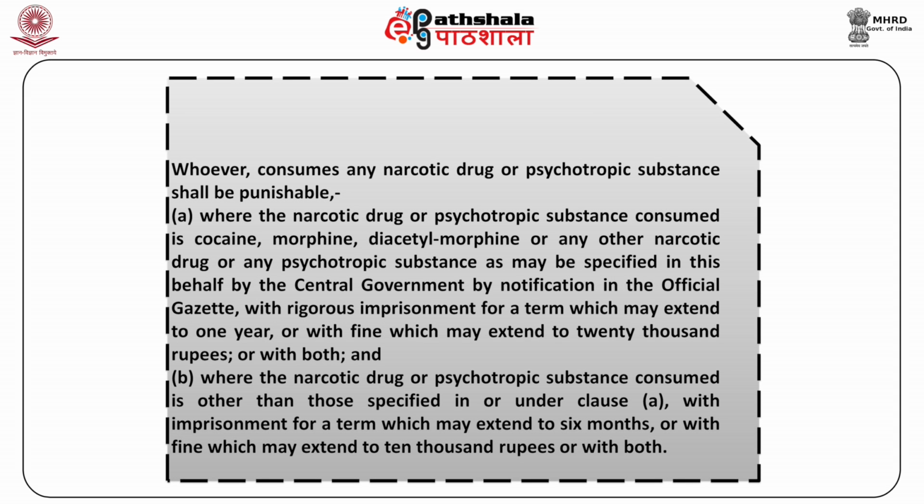Whoever consumes any narcotic drug or psychotropic substance shall be punishable, where the narcotic drug or psychotropic substance consumed is cocaine, morphine, diacetylmorphine, or any other narcotic drug or any psychotropic substance as may be specified in this behalf by the central government by notification in the official gazette, with rigorous imprisonment for a term which may extend to 1 year, or with fine which may extend to 20,000 rupees, or with both, and where the narcotic drug or psychotropic substance consumed is other than those specified in or under Clause A, with imprisonment for a term which may extend to 6 months, or with fine which may extend to 10,000 rupees, or with both.